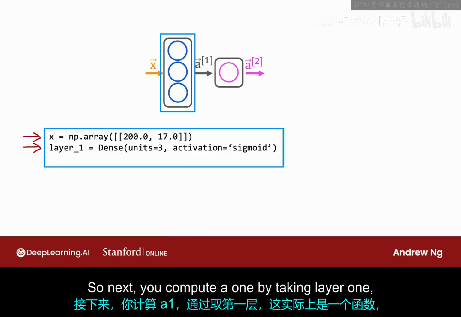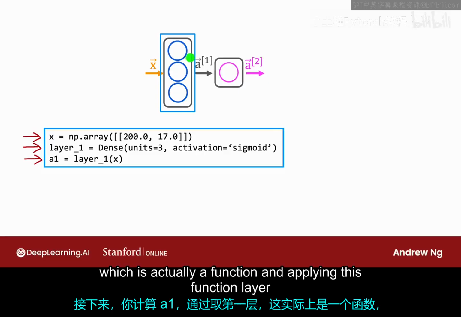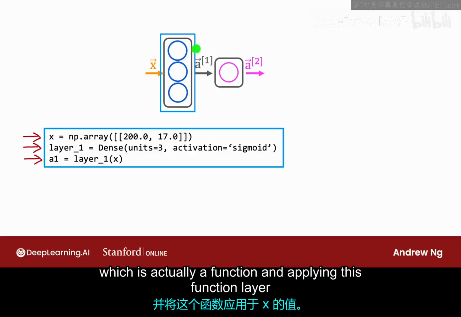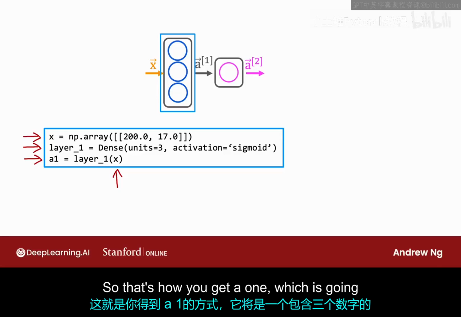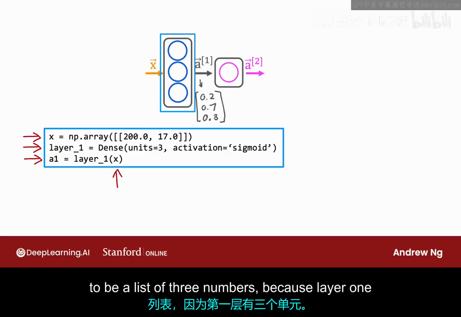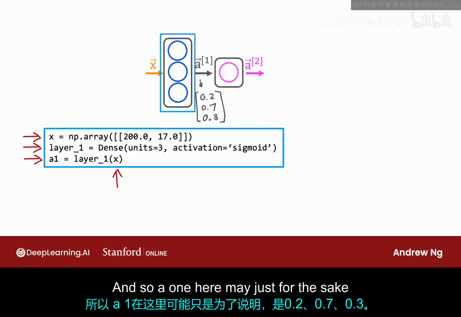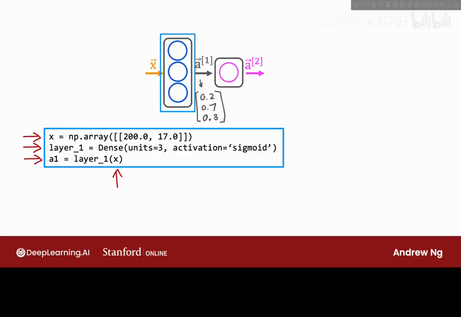So next, you compute a1 by taking layer 1, which is actually a function, and applying this function layer 1 to the values of x. So that's how you get a1, which is going to be a list of 3 numbers because layer 1 had 3 units. And so a1 here may, just for the sake of illustration, be 0.2, 0.7, 0.3.